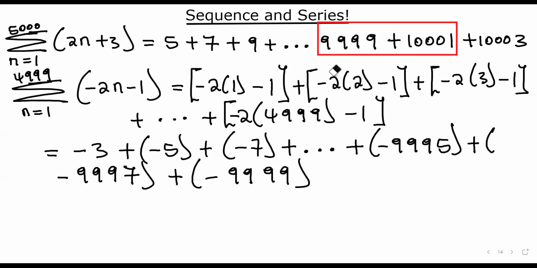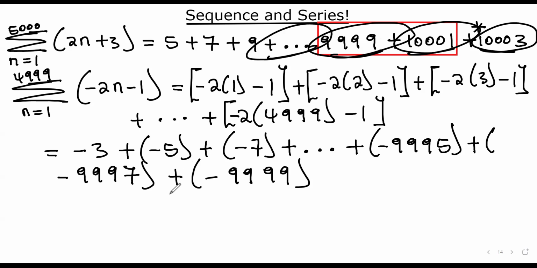Let's go to this series once again and substitute the 4th last term, which we obtain by substituting 4997, since the last one was 4999, then 4998.